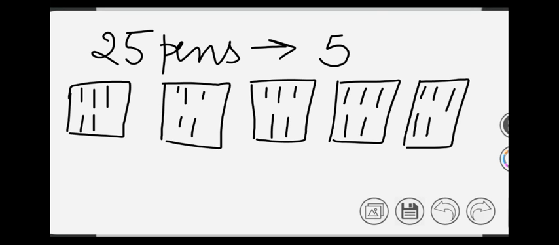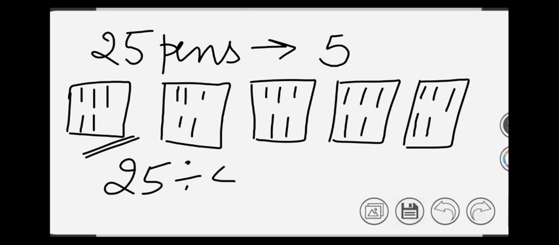So one by one I have distributed one pen to each, and I'll just keep on counting until it's 25. Then I will see how many pens each student will get. As we can see, each student has got 5 pens. So how can I write 25 pens divided among 5 students equally? Each student has got 5 pens.